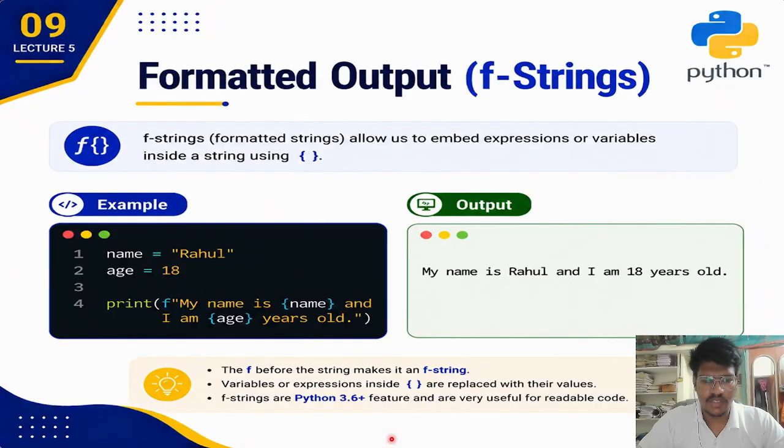An f string allows us to embed expressions or variables directly inside a string using curly brackets. It's like using a Mad Libs template. This is incredibly easy to read.